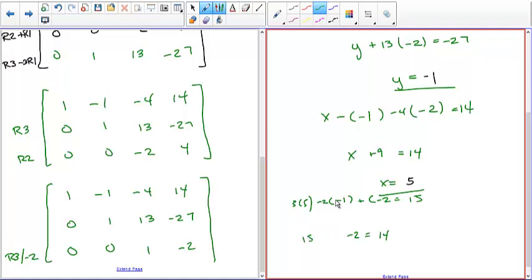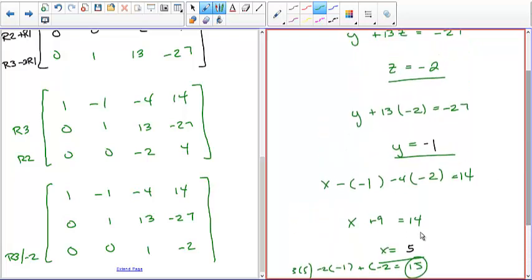Negative 2 times negative 1 is positive 2. And so 15 plus 2 minus 2 is 15, which is what it was supposed to be. So 15 equals 15, check. So that's the solution. X equals 5, y equals negative 1, z equals negative 2.